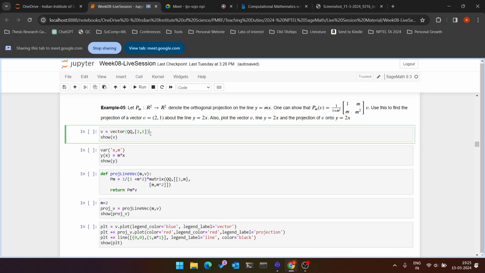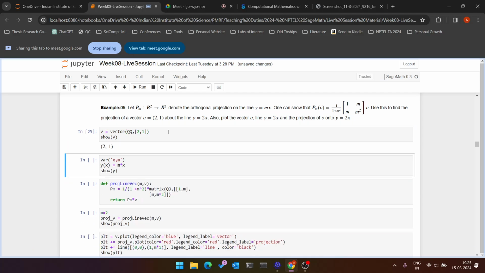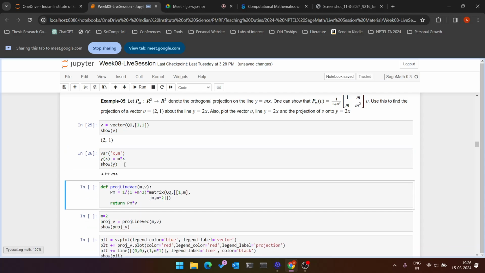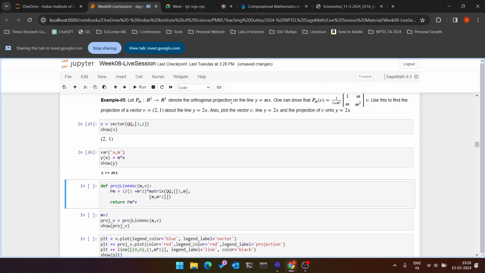Okay, so we start off first again by specifying the vector v on the rational field QQ, 2 comma 1. Next, we specify the variables x and m, and then the line, which is y of x, written as an expression, is basically m into x. Next, we'll be using this projection function Pm of v, orthogonal projection about the line for a given vector v.